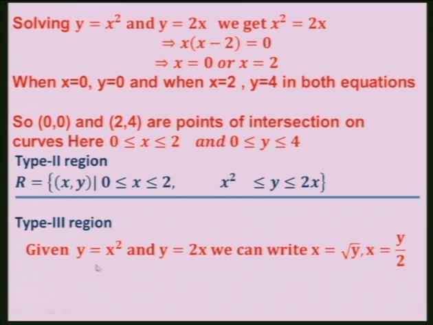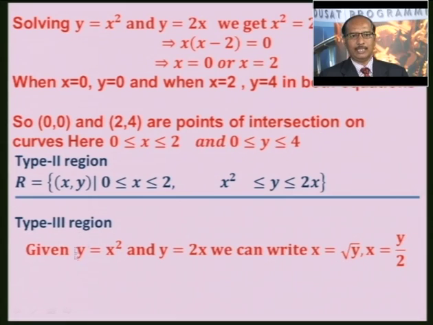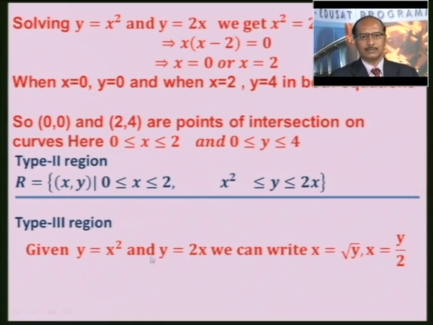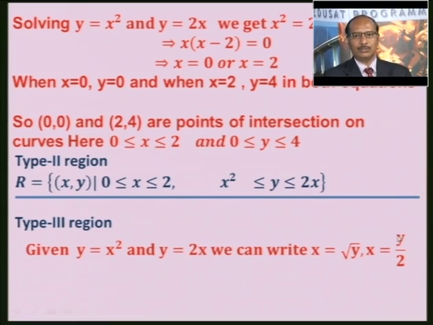From the same expressions, y equal to x square and y equal to 2x, we can write y equal to x square as x is equal to root y, expressing x in terms of y, and y is equal to 2x, writing this as x is equal to y by 2.